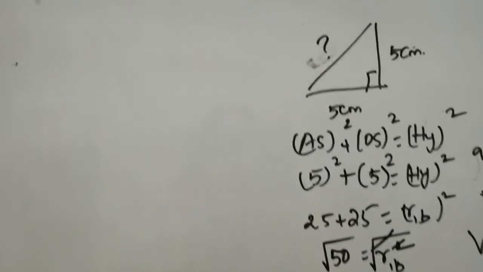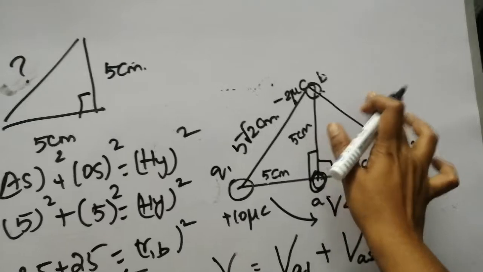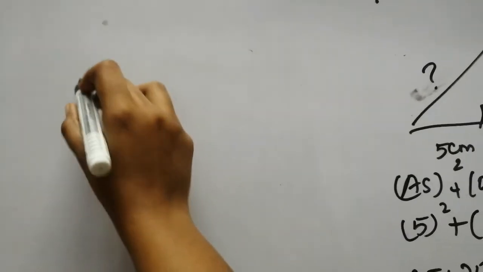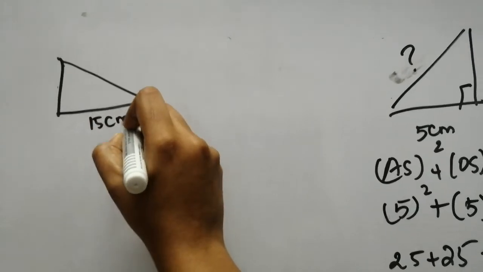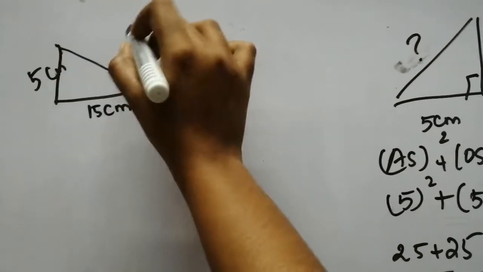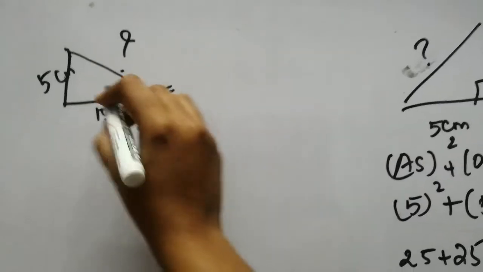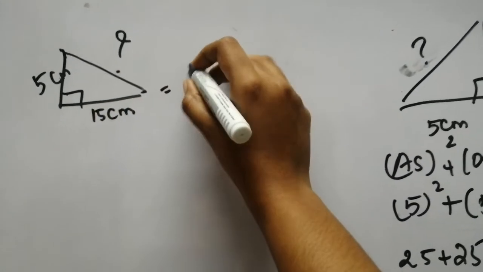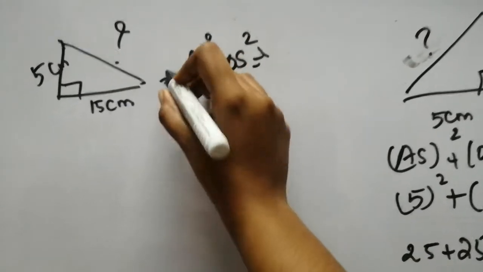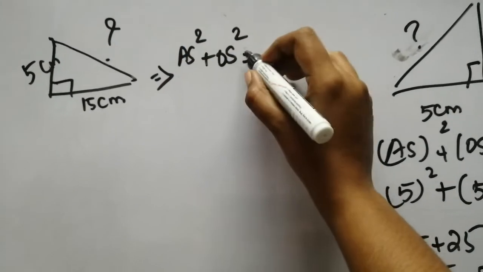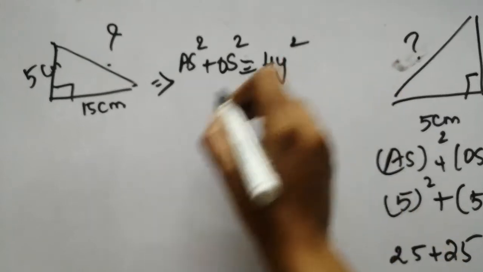Similarly, for the other part of the triangle, I am going to find this side. Here you have 15 centimeter and here it is 5 centimeter. You have to find the hypotenuse. Again, it is the same formula: adjacent side square plus opposite side square equal to hypotenuse square.